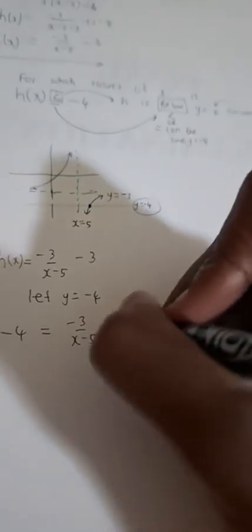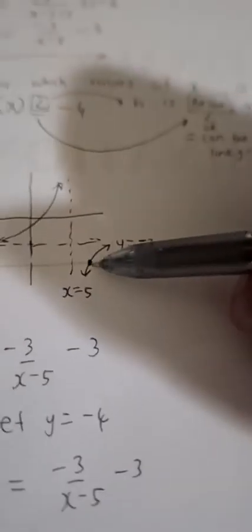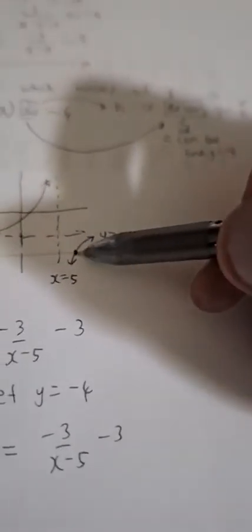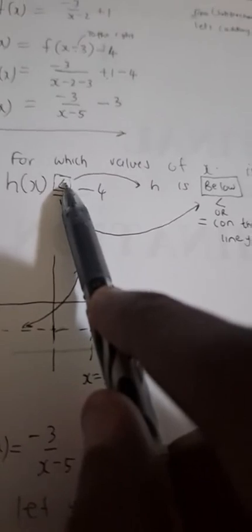I want to find out what's the corresponding x value that I get here, because remember, they asked me for which values of x is h of x found below and on this line y is equal to -4.